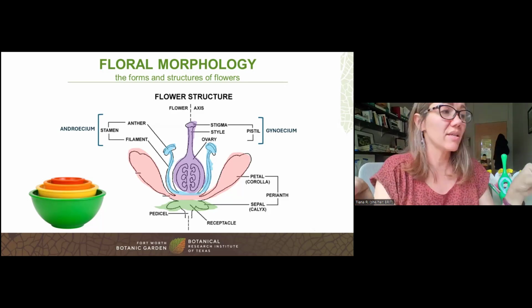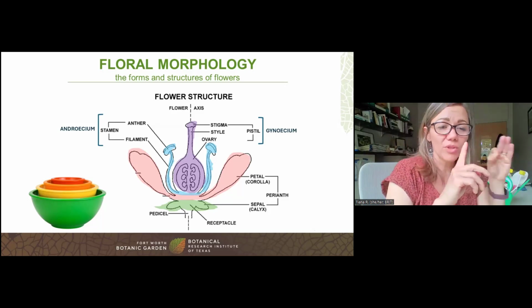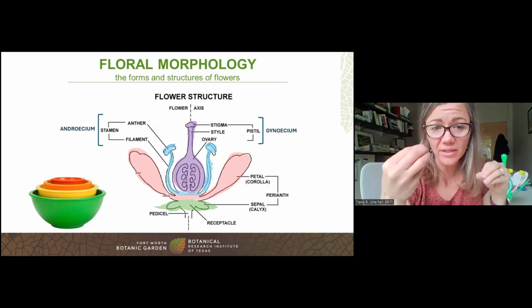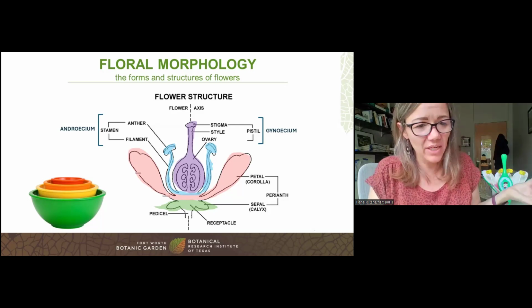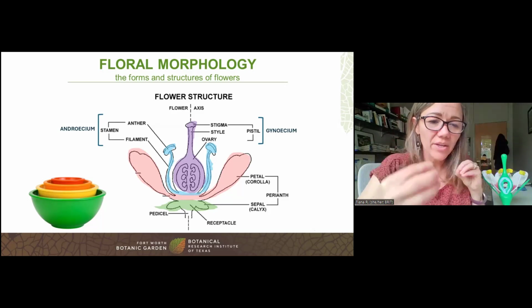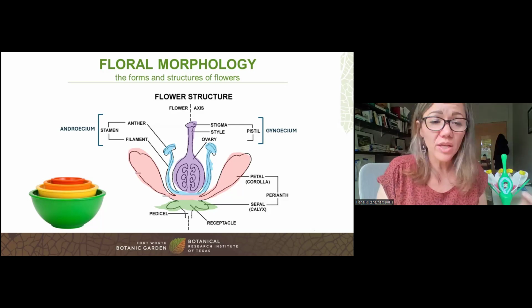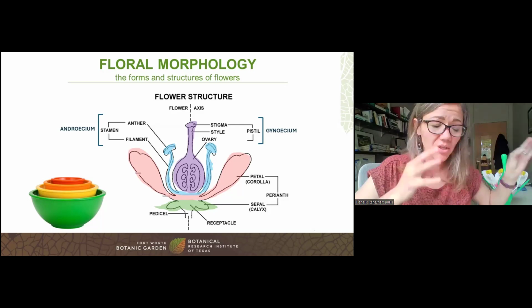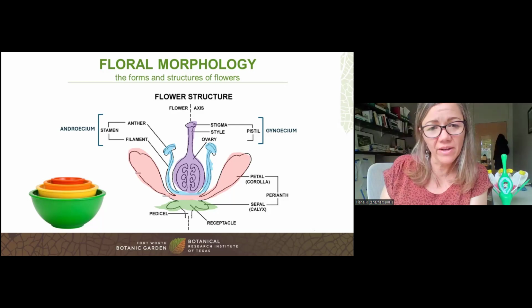The stamen consists of a filament, a little pole, and then an anther, which is on top of that pole. The pollen is stored in the anther head. This diagram is just a general representation. There are so many variations in the morphology, or the shape, of these features, which is why it's often really hard to translate this diagram to what you're looking at in real life.